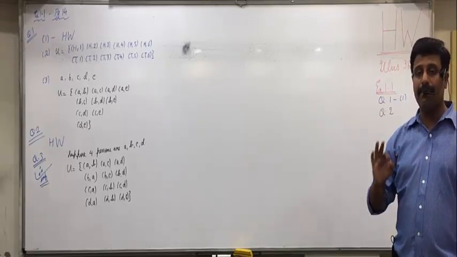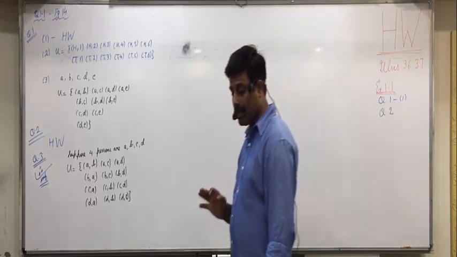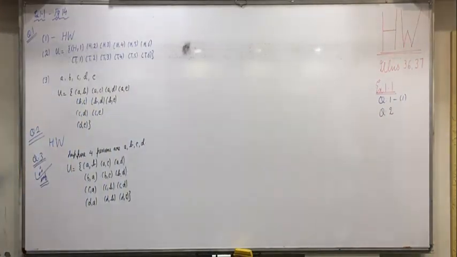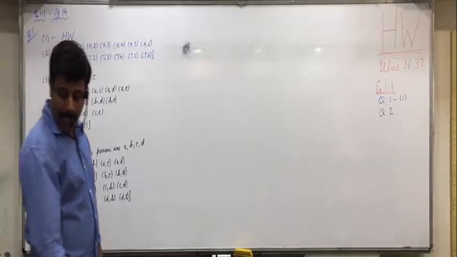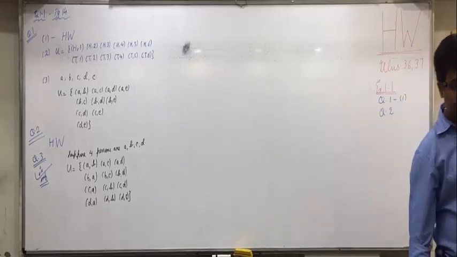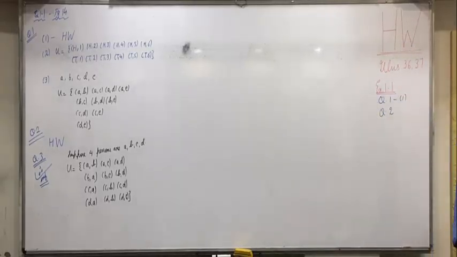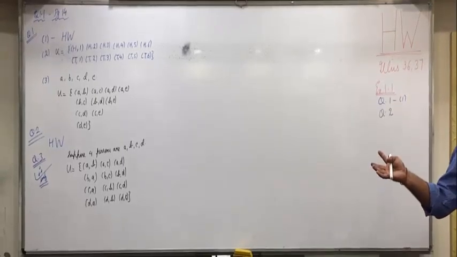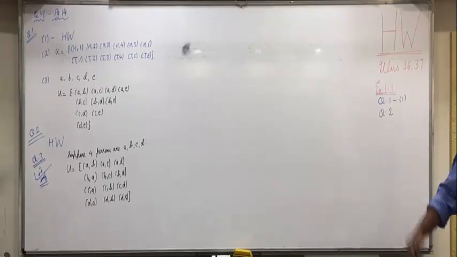In the above sample space, first letter shows minister and second letter shows deputy minister. Correct? So now whenever you read this note, you'll understand A is minister, B is deputy, and in the other one, B is minister and A is deputy.